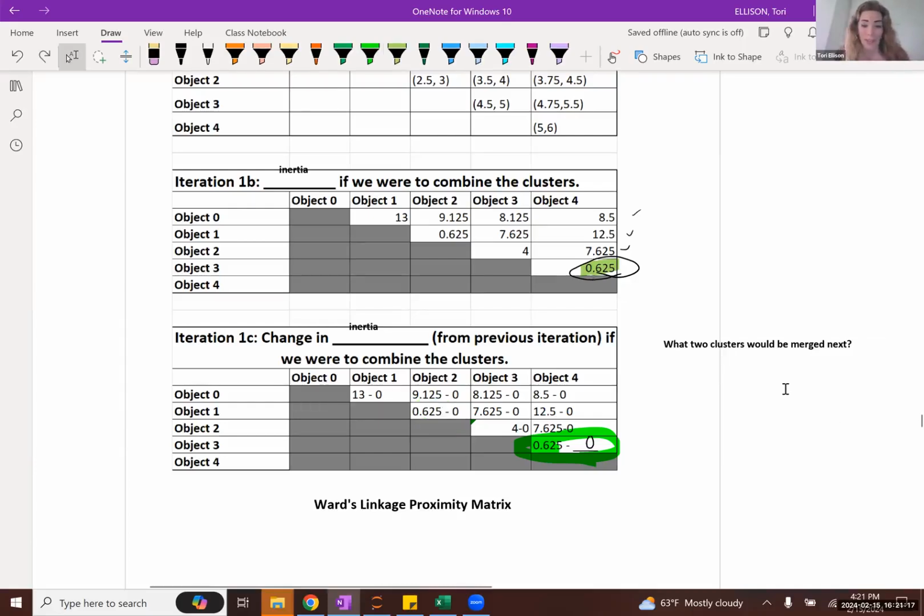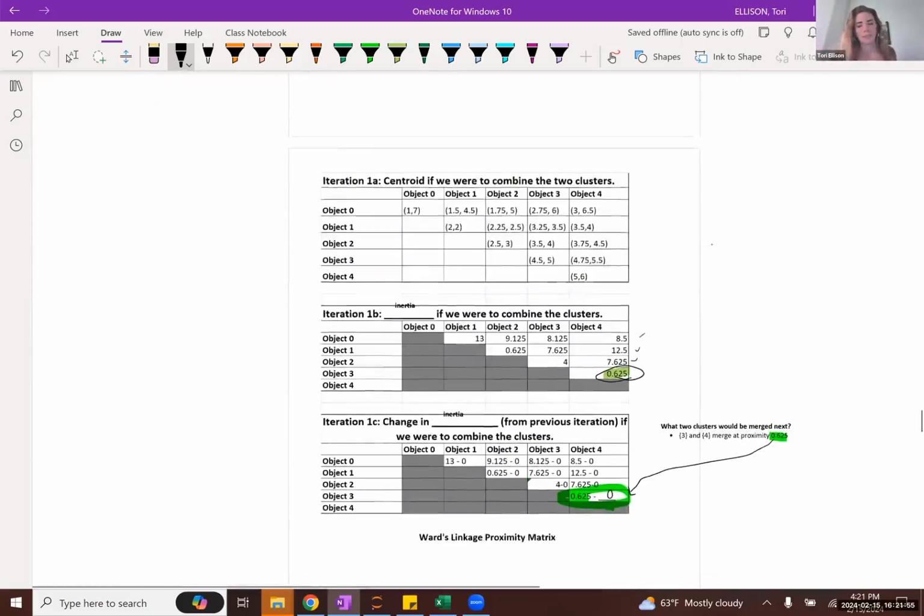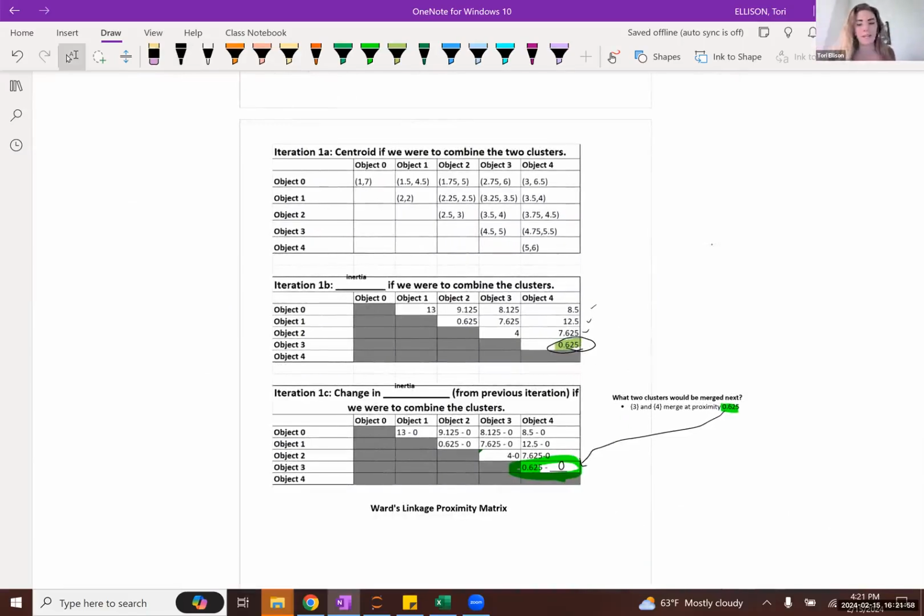So we could say that, for instance, clusters 3 and 4 merge at proximity 0.625. These two clusters, 3 and 4, would permanently merge, and then we would move on to the next iteration in the algorithm. This is going to take a lot longer, but that's the general idea of Ward's linkage. Any questions on that?